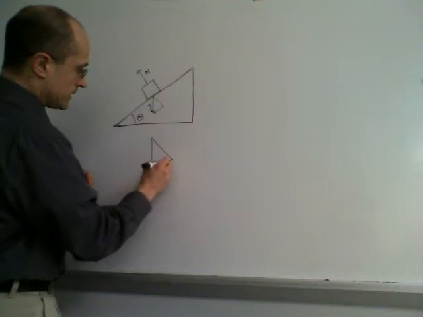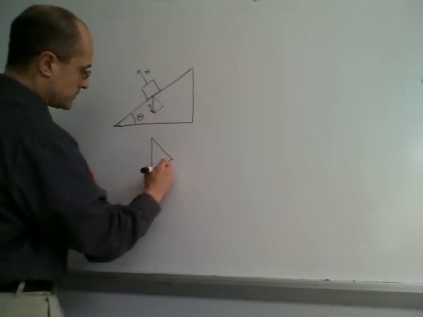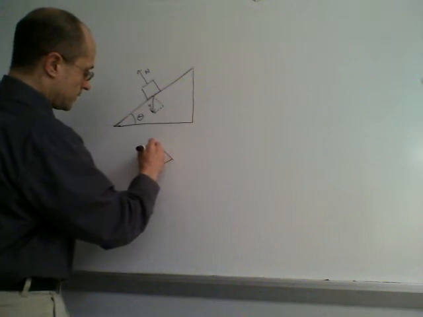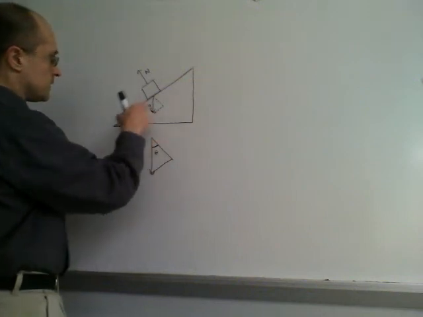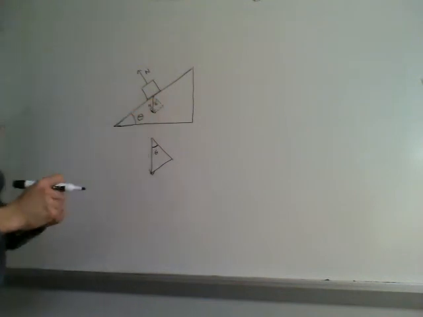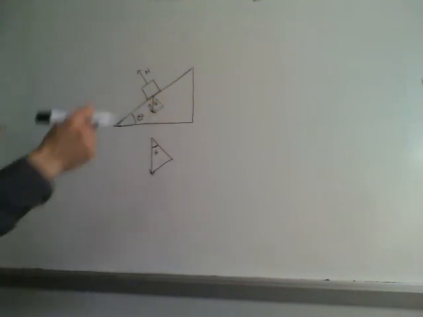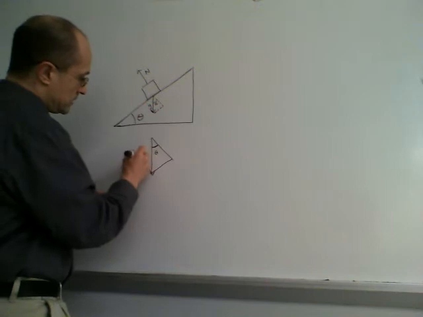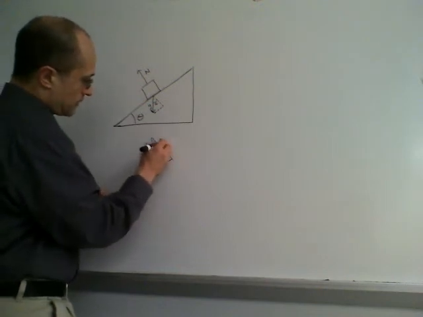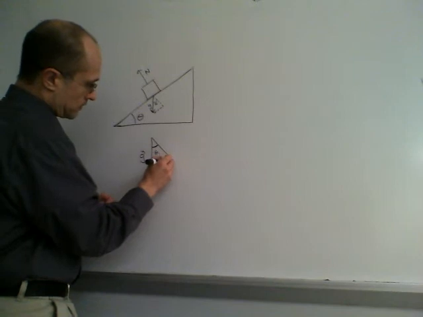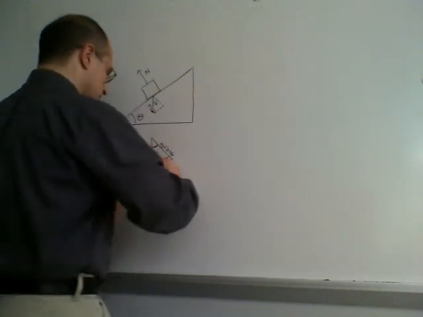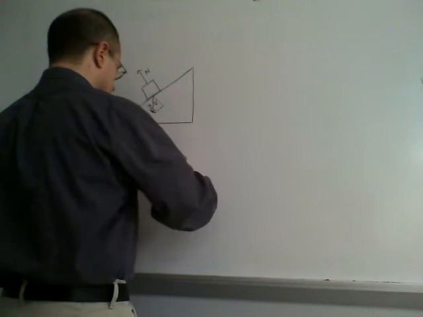And gravity has a component here that's parallel to the plane. This is our angle theta, and this theta here is the same as that theta here due to the law of similar triangles. So when we have G here, this is our right angle, this is G cosine theta, and this is G sine theta.